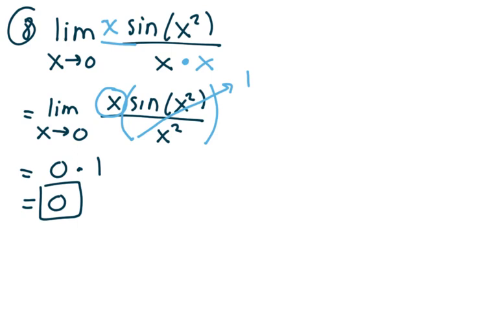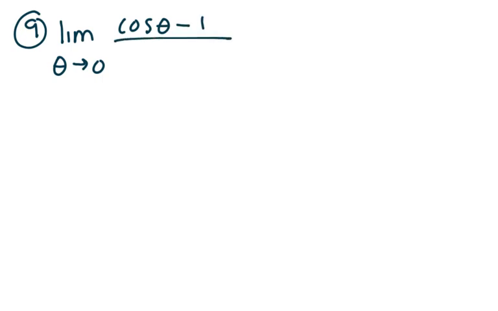And let's do one more. Problem 9. So if I take a look at this one, the limit as theta goes to 0 of cosine theta minus 1 divided by 2 theta squared. Now, there's a couple of options here that we can do.